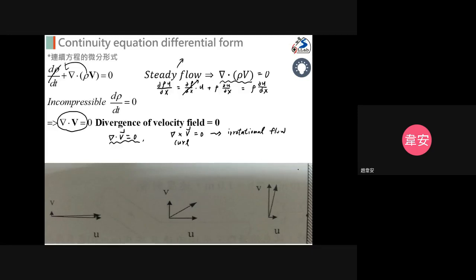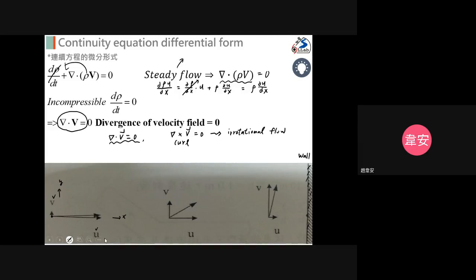As you can see in the figure showing here, this is the wall fixed on the right hand side, and you have one fluid particle on the left trying to flow forward to the wall. And this is the u, and this is the v velocity. So in this direction is x, in this direction is y.